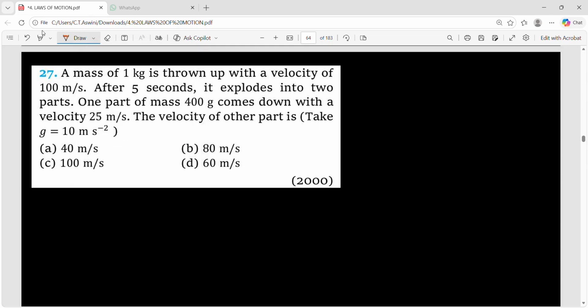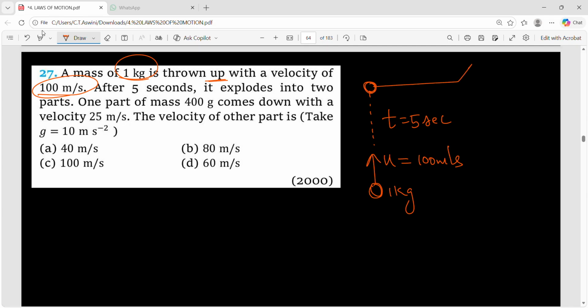One more question. A mass of 1 kg is thrown up with a velocity of 100 meter per second. So this is a body, mass 1 kg. It is thrown up, and what is the initial velocity? It is 100 meter per second. After 5 seconds, that means it was traveling for 5 seconds of time.